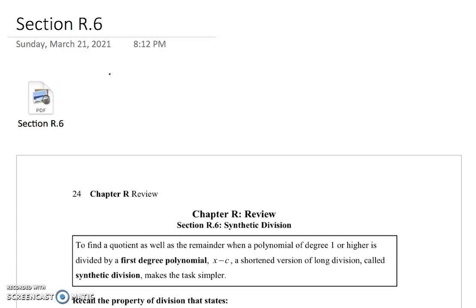So first, synthetic division is a shorthand way of doing long division. So let's remind ourselves about long division. Say I want to divide something like 12 into, I don't know, 2,527.